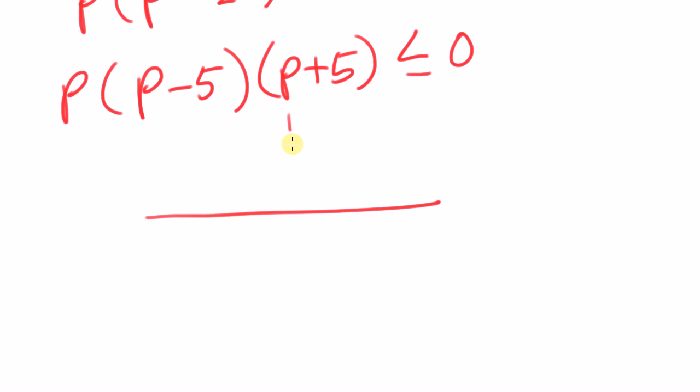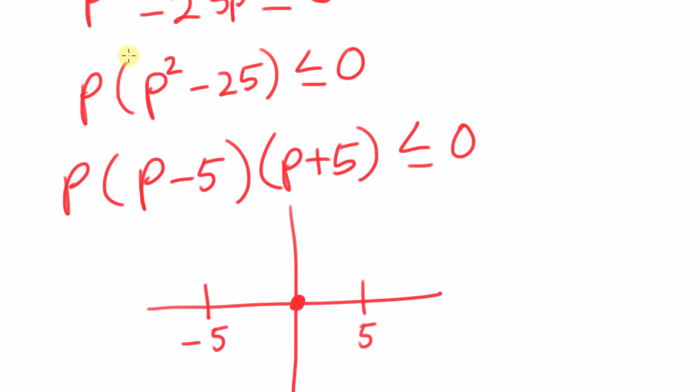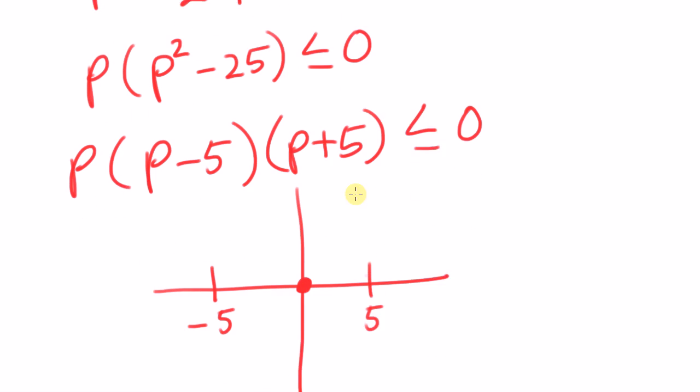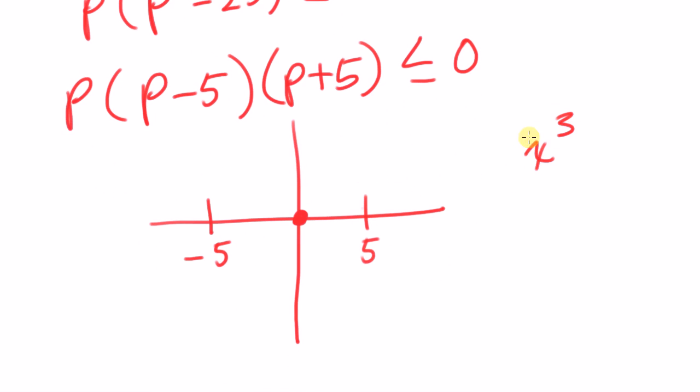So I'm just going to graph this. So we have plus 5, minus 5, 0. It's a cubic function, so its parent function is going to be x cubed. So it's going to come from here, leave through here, and then it's going to look something like this.